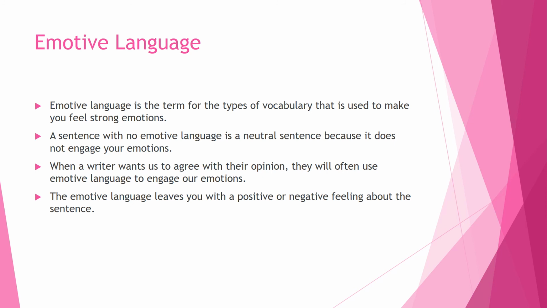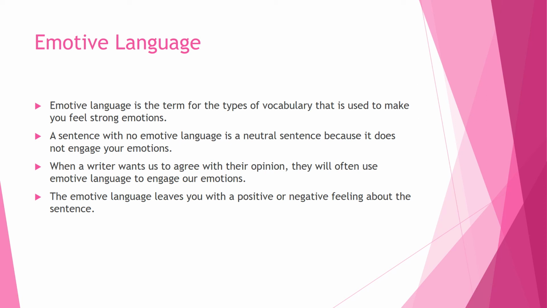The last thing we're going to have a look at today is emotive language. Emotive language is the language that we use when we want to trigger an emotional response in someone. A sentence with no emotive language is what we call a neutral sentence.